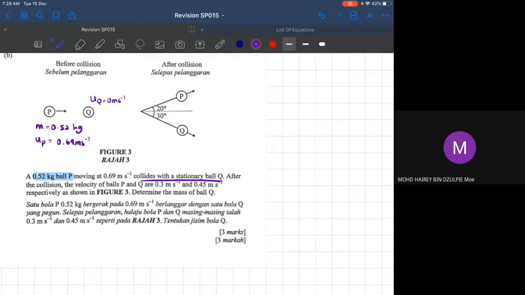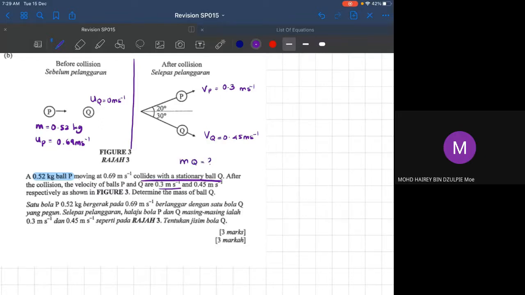Lepas tu this is before collision and then after collision, the velocity of ball P and Q are, so dia kasih lah velocity P adalah 0.3. And then dikasih velocity of ball Q adalah 0.45 m s negative 1. Okay. Alright. And then determine the mass of ball Q. So dia nak mass of ball Q actually.